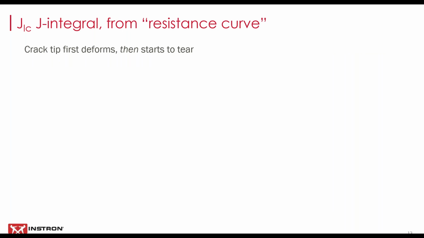Going on to the more complicated case, where we've got some ductility. In this case, the crack tip doesn't just stretch reversibly, it first deforms, it stretches plastically. And if you unloaded it, it would stay stretched a bit further open. But it's first deforming and then just getting wider. Then it starts to tear.